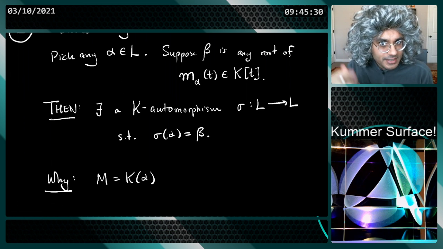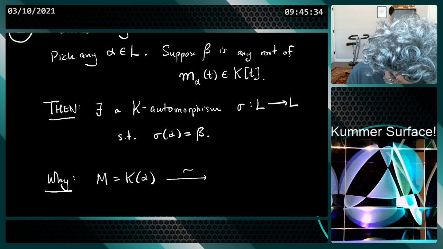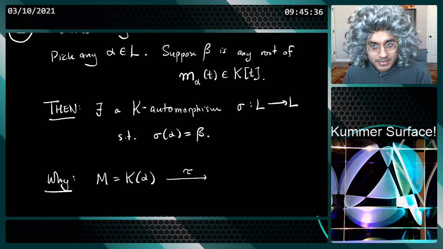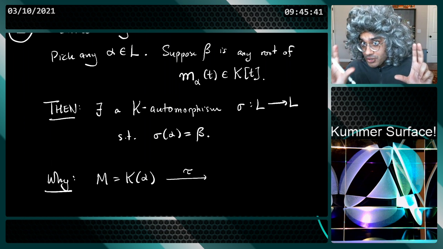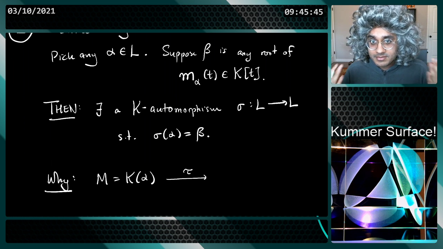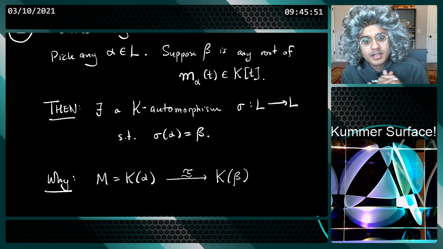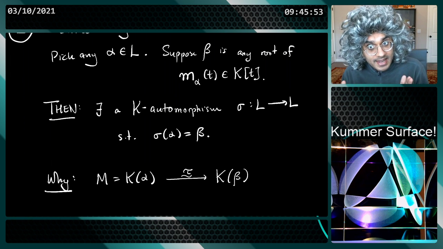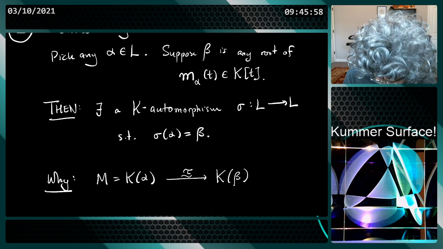So beta is still in L. And the map tau is the isomorphism between K adjoin one root and K adjoin any other root. Those extensions are abstractly isomorphic, as we've gone over many times now. There exists an isomorphism that fixes K from K adjoin alpha to K adjoin beta. It just sends alpha to beta.